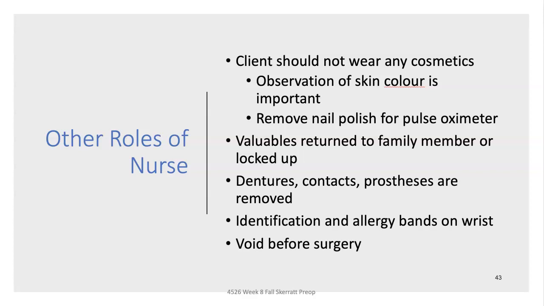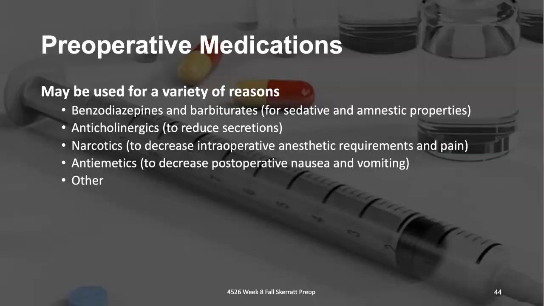Then, before surgery, medication administration. You want to make sure that they've been to the bathroom before you give any preoperative medications that would cause them to feel faint, syncopal, or dizzy.